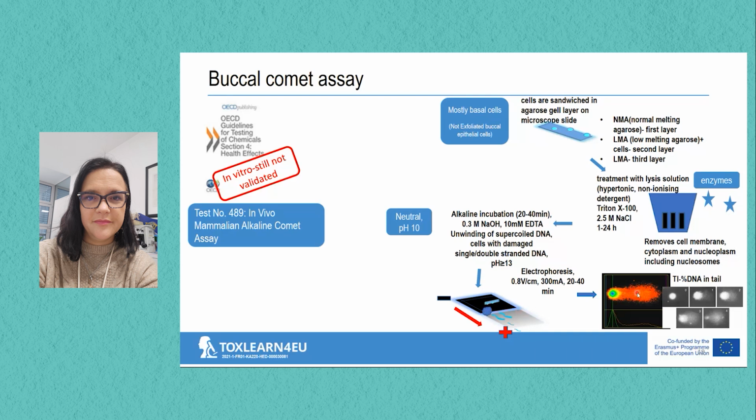Then after staining, you can assess the DNA damage either visually, by making different categories of the damaged cells that have the shape of a comet if you are using the alkaline version, or the shape of a fog, or you can use software.